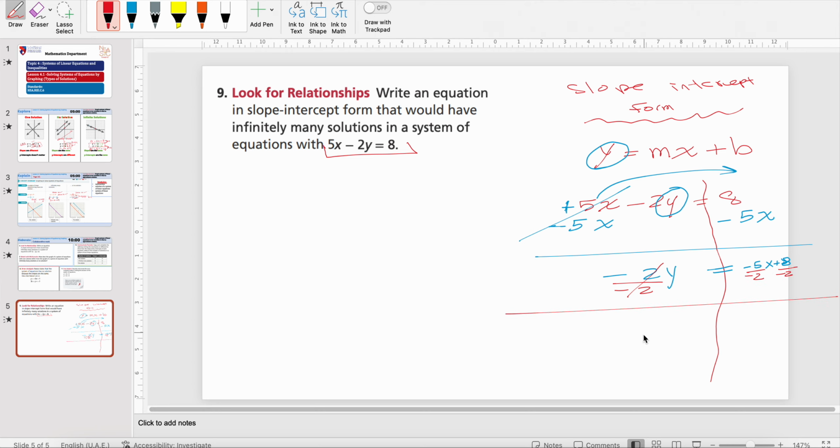So now we have the equation y equals negative 5 over negative 2x plus 8 over negative 2. I have a lot of signs here.